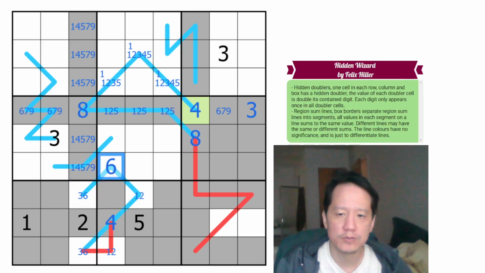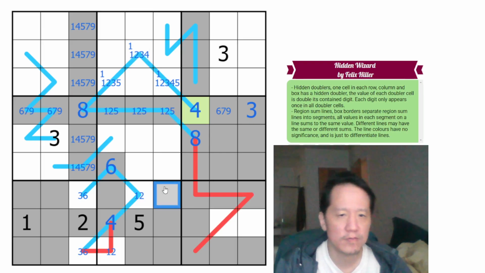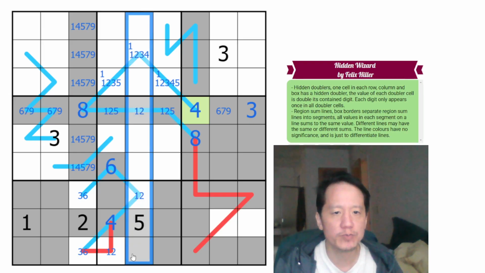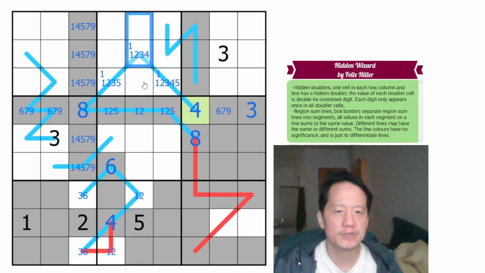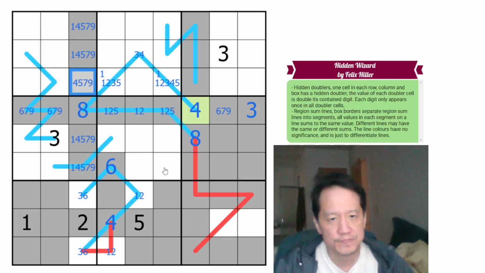This can't be doubled, and therefore is a 6. This can't be 5. This can't be 5. Well, we have a 1, 2, 1, 2 pair in column 6, which eliminates 1 and 2 from the rest of the column. So this cannot be 1 or 2. Therefore, one of these two is a 1, and therefore this can't be 1.